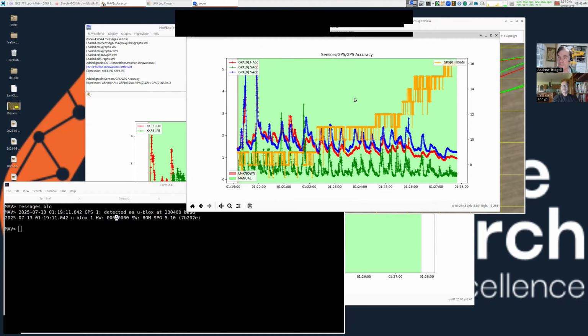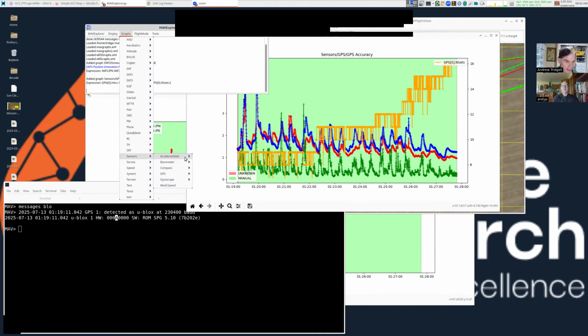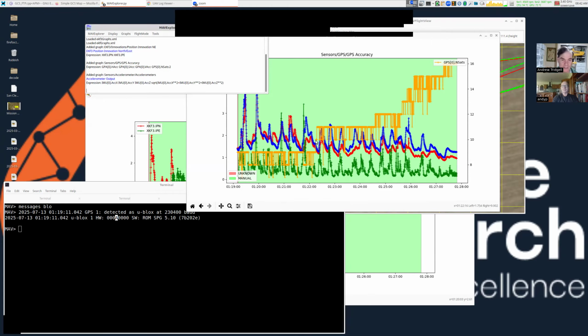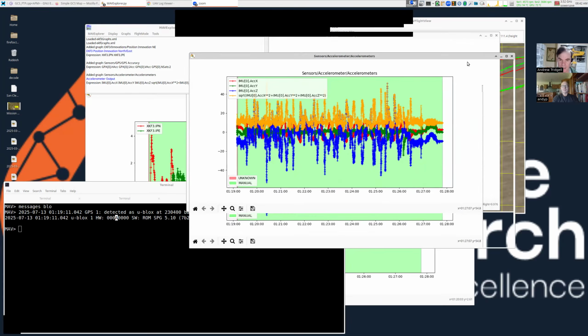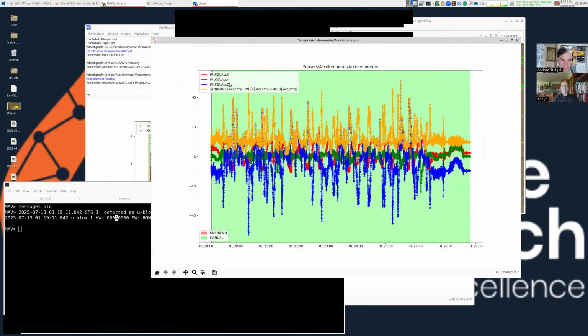Now, most of the time, we can have a look at the accelerations that Stuart had in his flight. Let's go and have a look at the accelerometers and see what sort of maneuvers he was pulling. So this is in meters per second, and really what matters is the yellow line, which is the overall length of the acceleration vector. And you can see up here, he was pulling 53 meters per second, 5.3 G. So there was no way the GPS was going to keep up at that point in the flight, right?